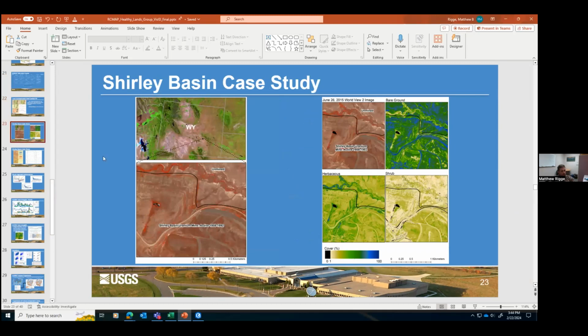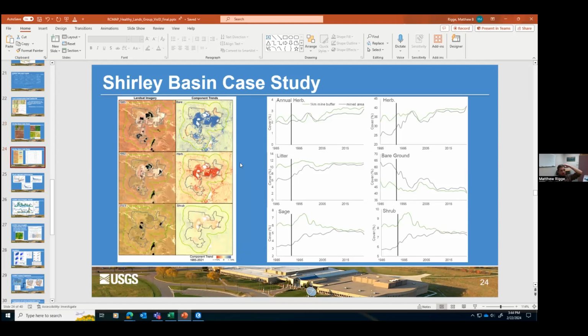This is another interesting example over in Wyoming, an abandoned uranium mine, showing how the landscape has changed since the abandonment of that mine, decreasing bare ground, increasing herbaceous. So showing the seeming success of revegetation efforts in that area.